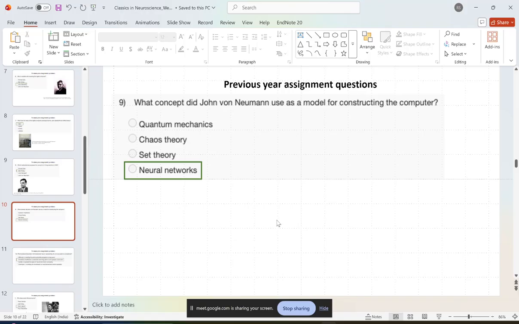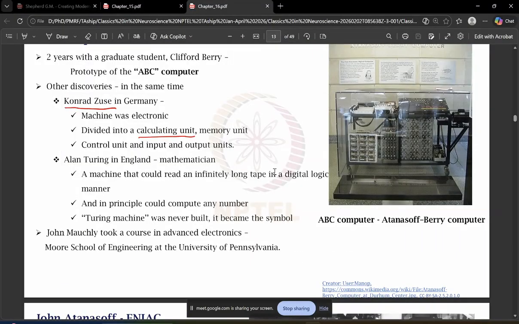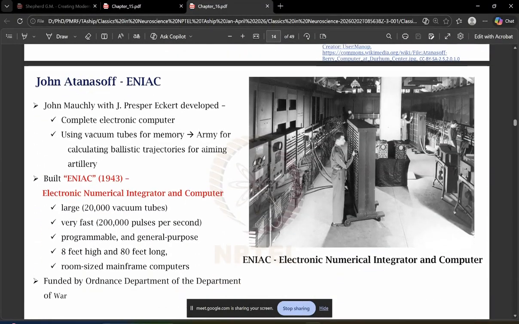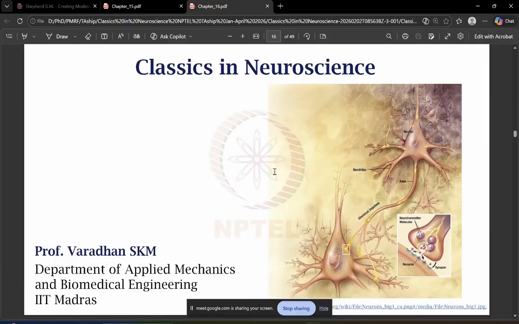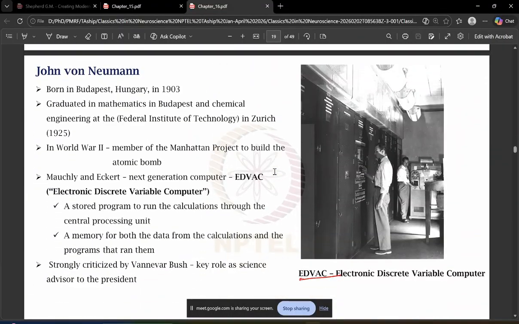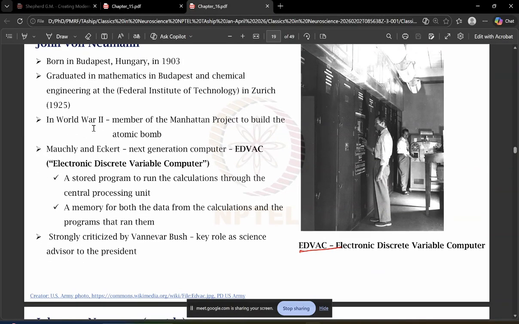Next question. What concept did John von Neumann use as a model for constructing the computer? Now, who was John von Neumann and what was his contribution? John von Neumann was from Budapest in Hungary. He studied mathematics and chemical engineering in Zurich, and during World War II he became a part of the Manhattan Project.